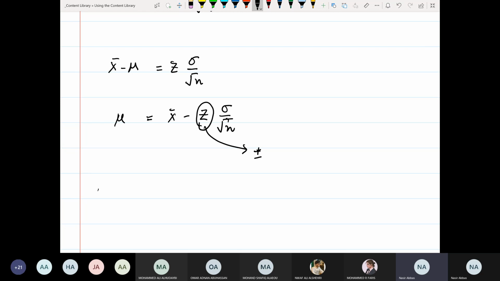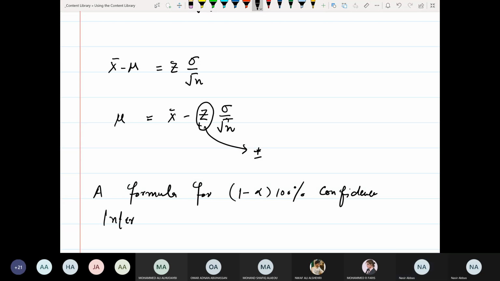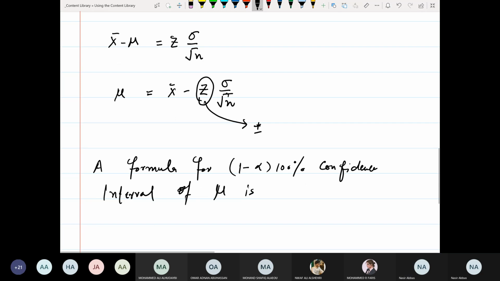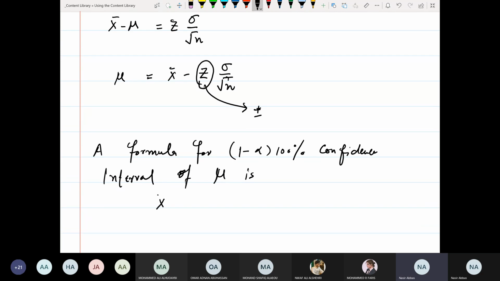So a formula for, let us say, the 1 minus alpha times 100% confidence interval of mu is x bar plus or minus a value from z, which we name as z alpha by 2, times sigma over root of n.